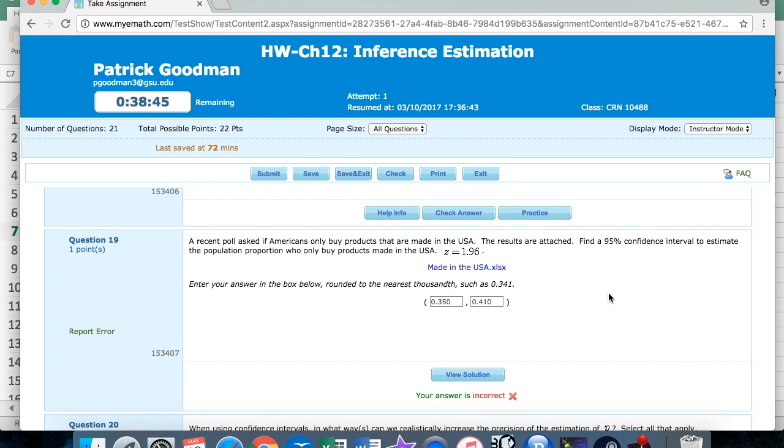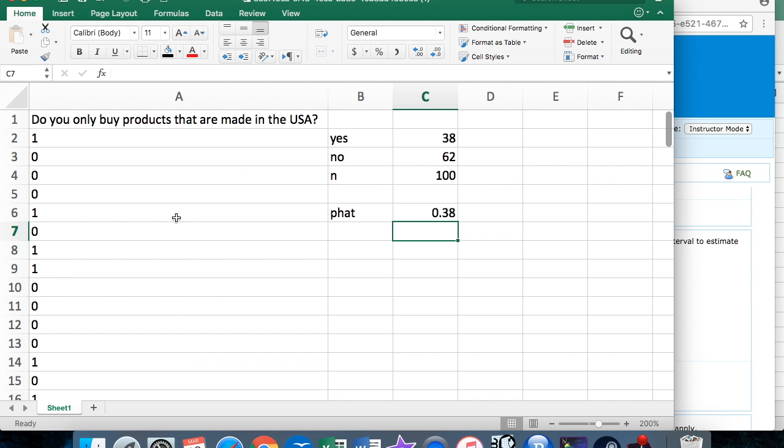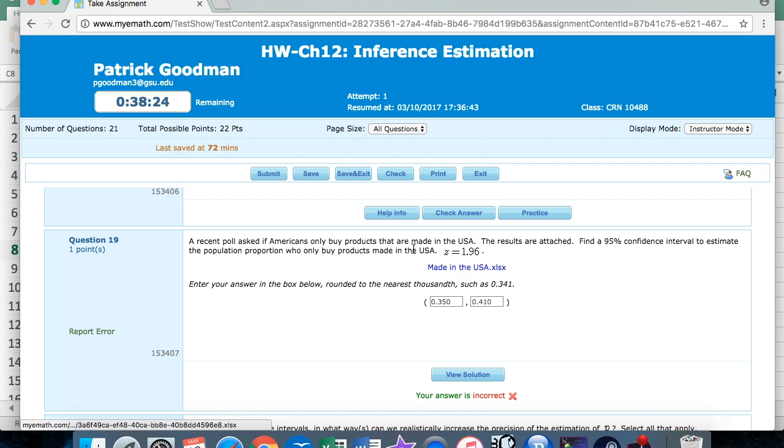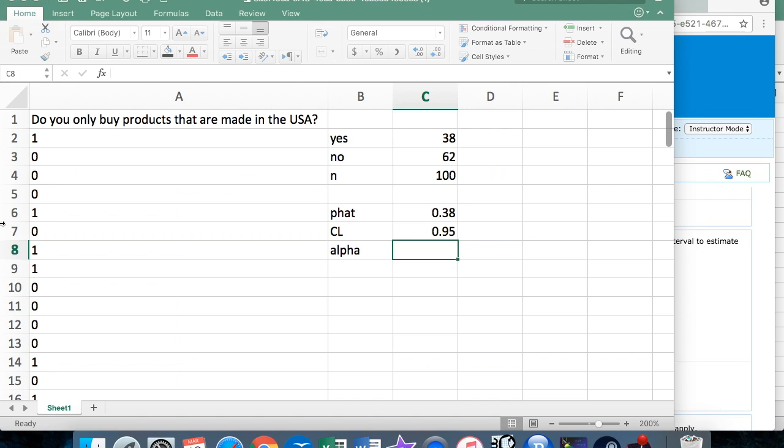So our p hat should be 0.38, so population who only buy products made in the USA. Okay, my z star, it gives you the z star, but in case you can't find it, remember we need our confidence level, we need our alpha. Confidence level 0.95, because we're doing a 95% confidence interval. Alpha is 1 minus your confidence level.